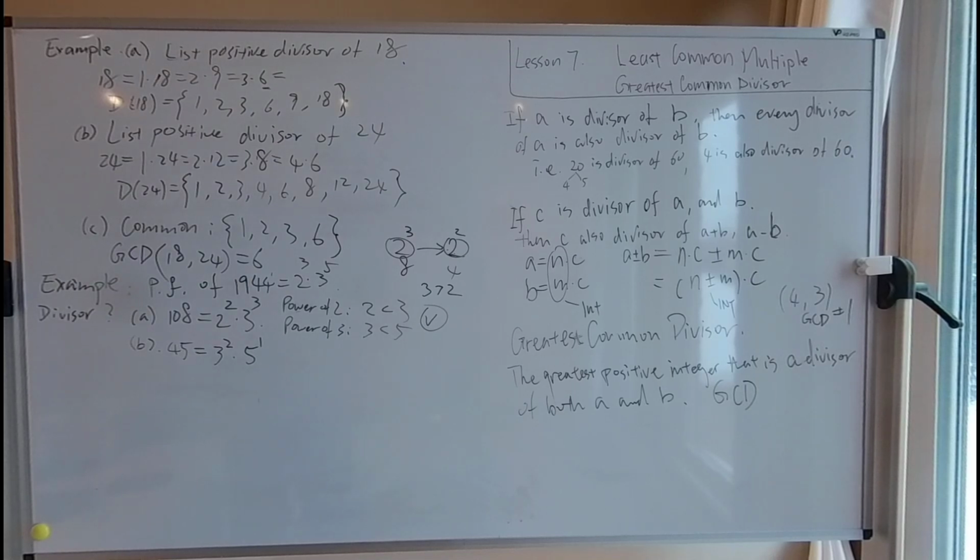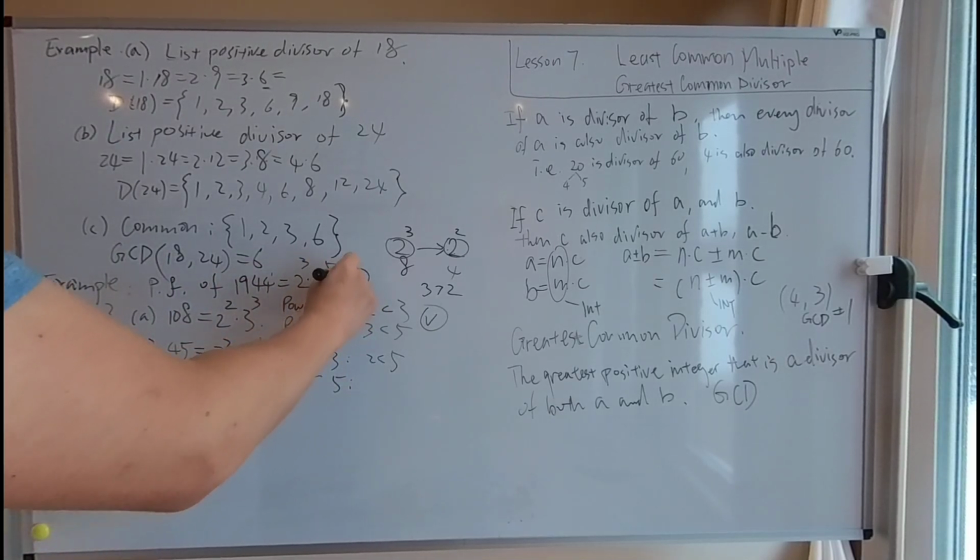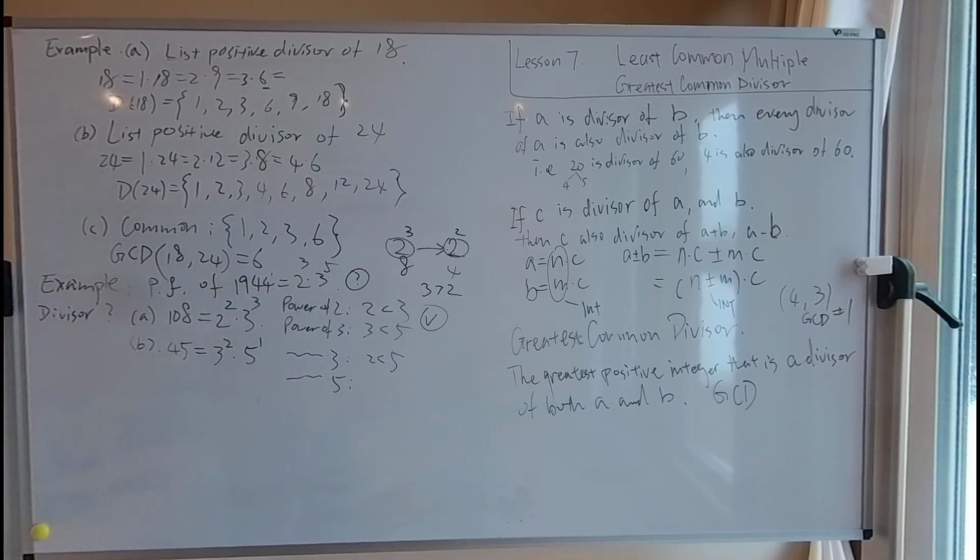Okay, next, if I have the number 45, which can be written as 3 squared times 5, here I can still compare the power of 3, no problem. But for the power of 5, you find that there's no power of 5 in 1944, and there is a power of 5 in the number 45.